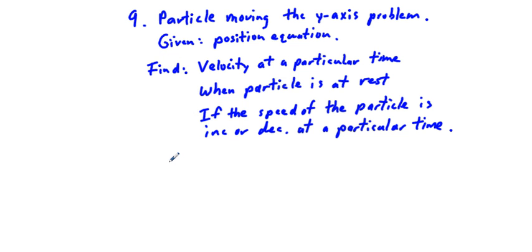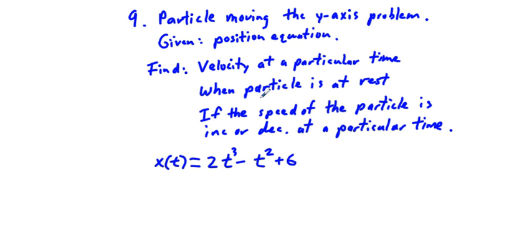So you might have a function like, I don't know, x of t equals 2t cubed minus t squared plus 6 or something like that. We find the first derivative of this position function to find velocity, to find when the particle is at rest.